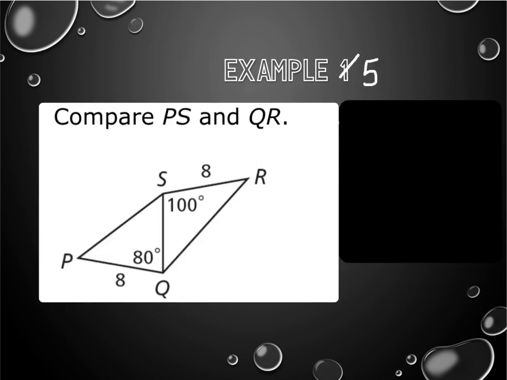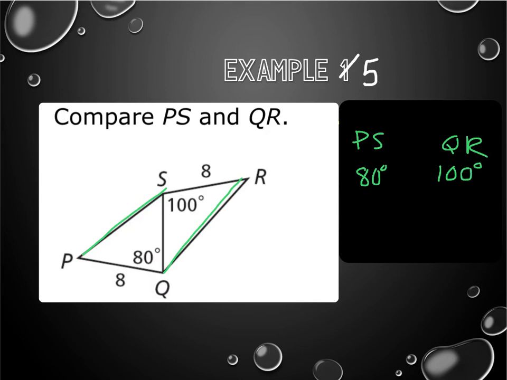Okay, and last. Compare PS and QR. What is the angle that's opposite of PS? 80 degrees. And what's the angle that's opposite of QR? 100.